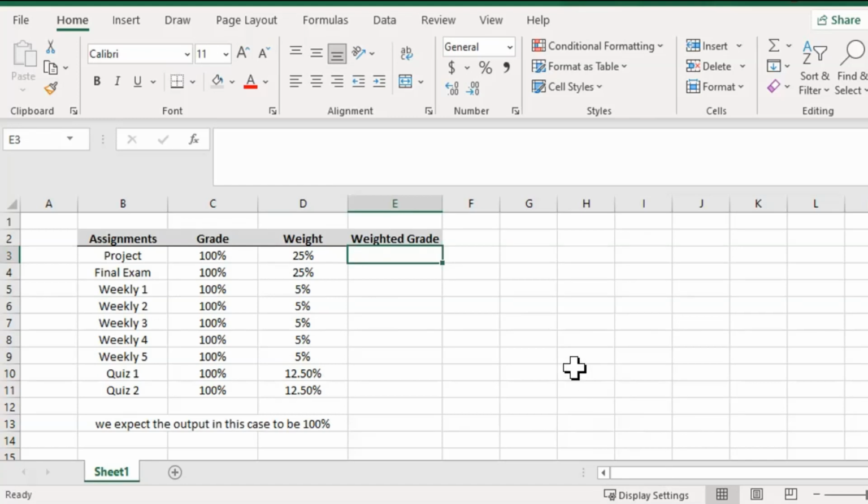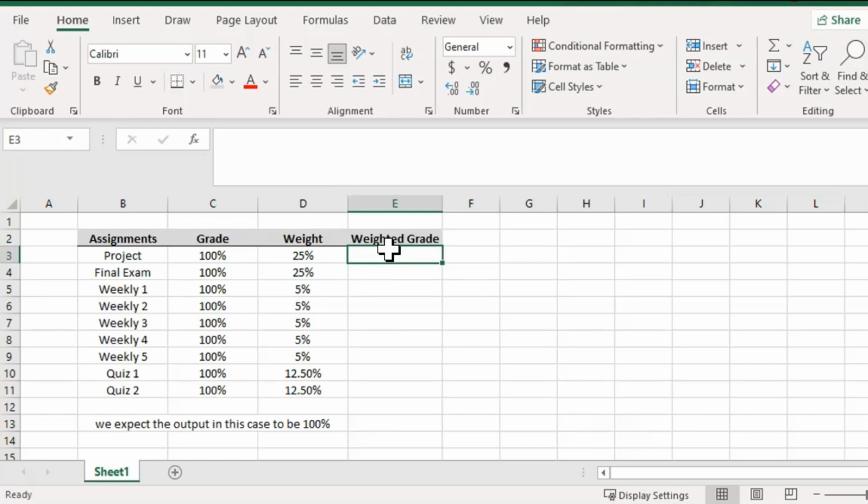And so what this weighted grade will tell me is really if I multiply my grade by my weight, I will get the portion of my final grade that is for this assignment.